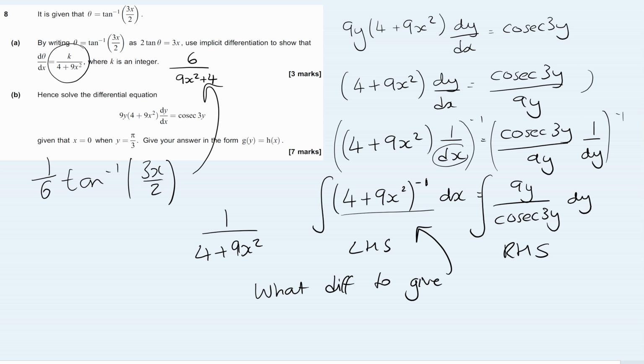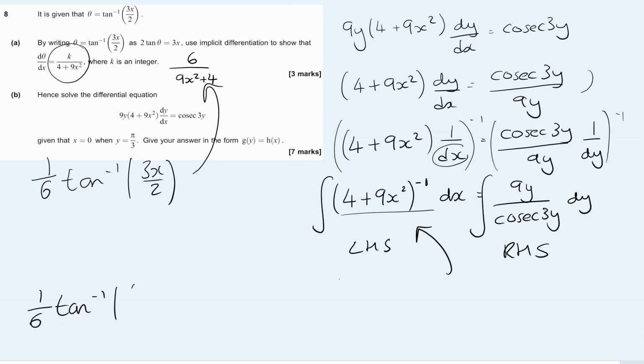It's going to be really difficult to get the tan out of there actually, but that's what the question's asking us to do. So we wanted to spot that was our left hand side. So the left hand side integrates to 1/6 tan to the minus 1 of 3x over 2.